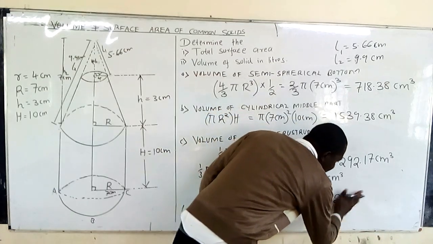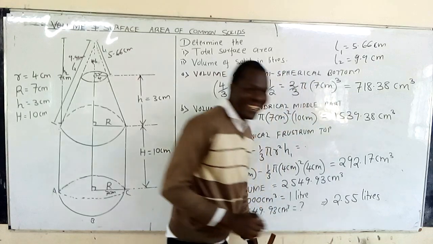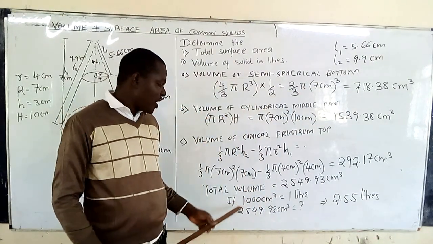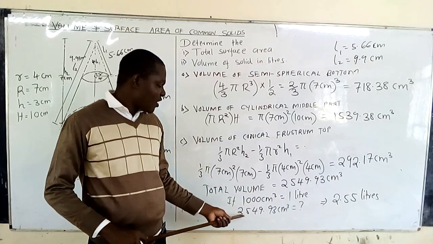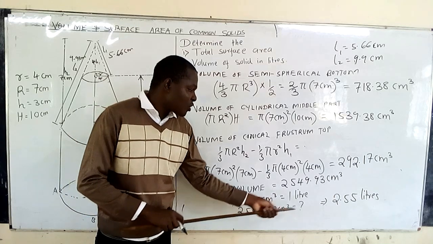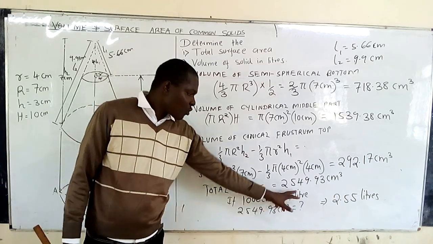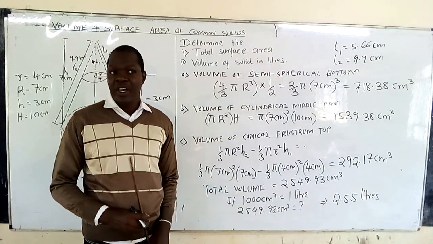If you round off, it is 2.55 liters. You just use the relationship. If 1,000 centimeters cubed is 1 liter, therefore 2,549.93 centimeters cubed will be how many liters? You just cross multiply that and you get 2.55 liters.